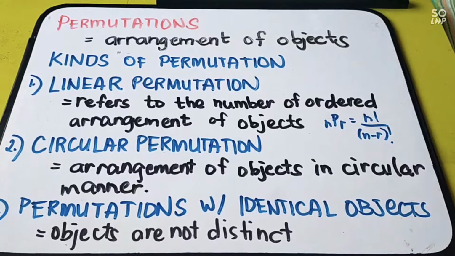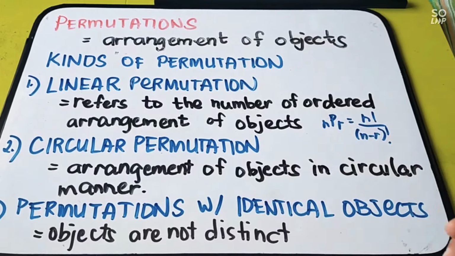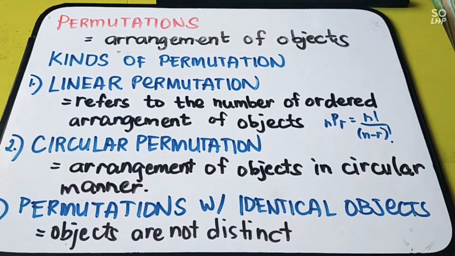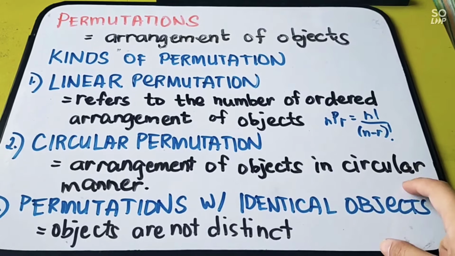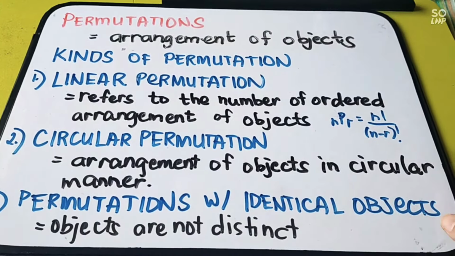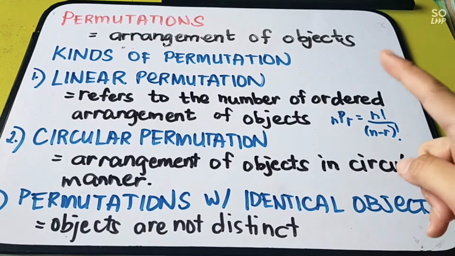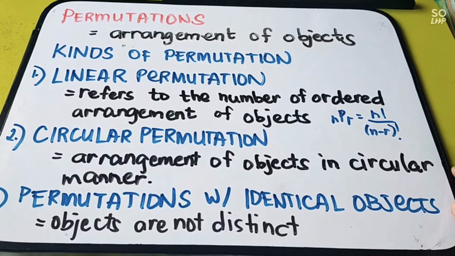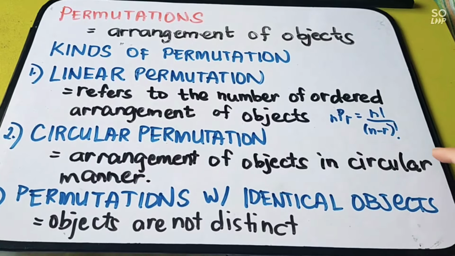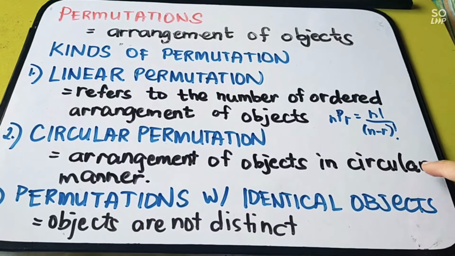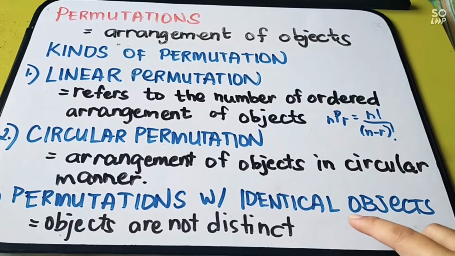Okay? Next, circular permutation. When you say circular permutation, arrangement of objects in circular manner. When you say circular manner, pabilog ang kanyang arrangement. So, magkaiba ang formula ni linear kaysa kay circular kung saan itutukuyin natin to mamaya. Okay? Next tayo.